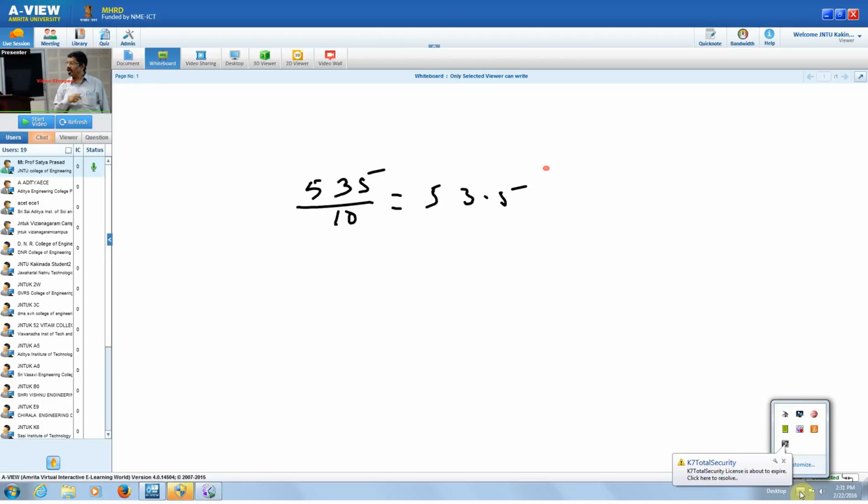Your circuit can obtain this value, but the same receiver you have to take up to 1650 kilohertz. That means your Q value has to change to 1640 by 10, that is 164.